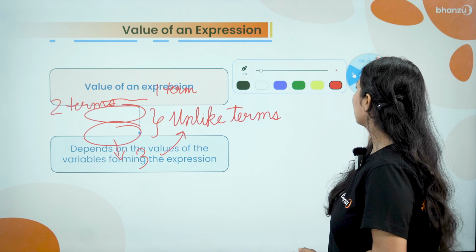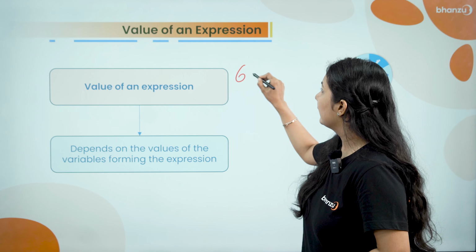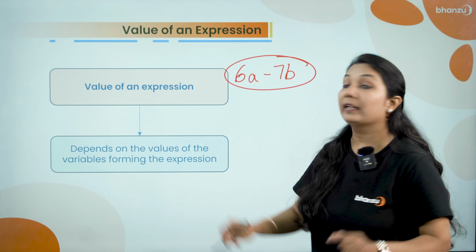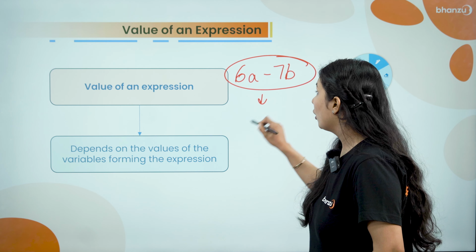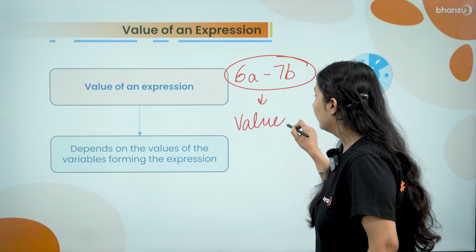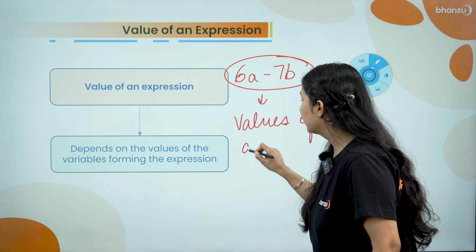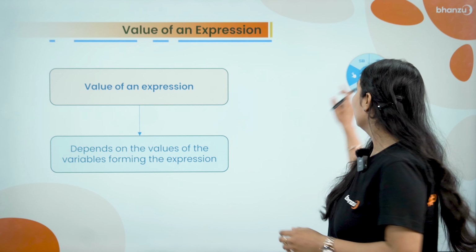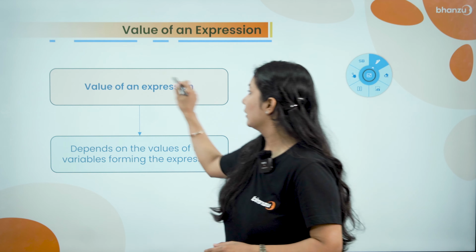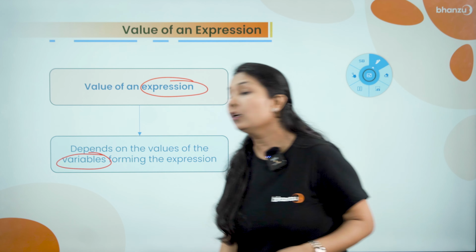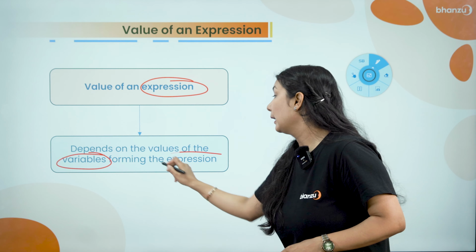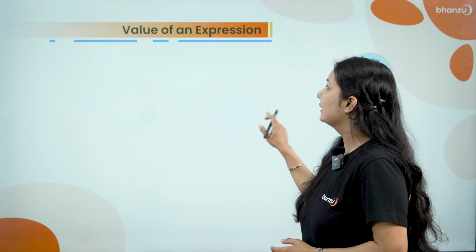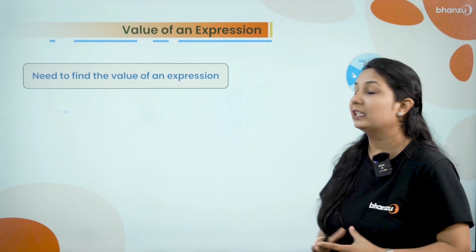So if I write an expression as 6a minus 7b, the value of this particular expression depends on the values of a and b because they are the variables over here. So now you got to know that the value of an expression depends on the value of the variables forming it.